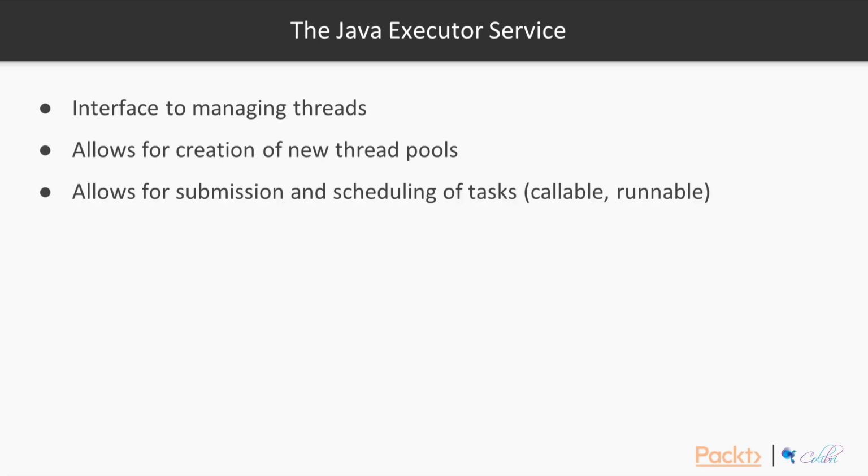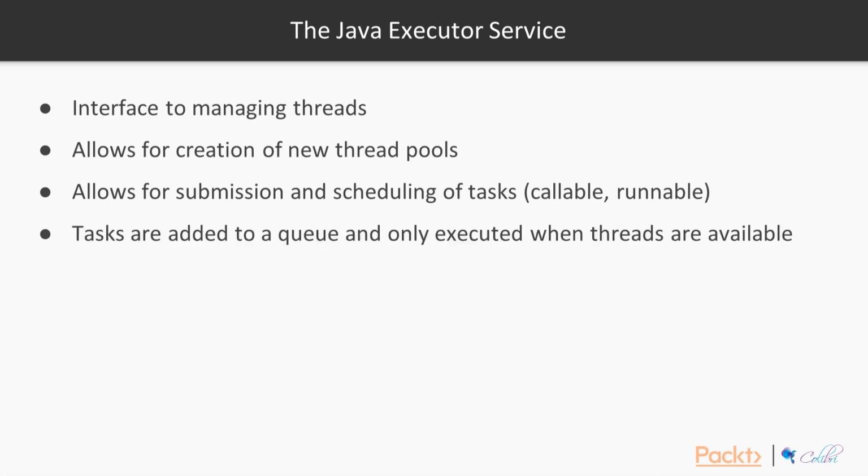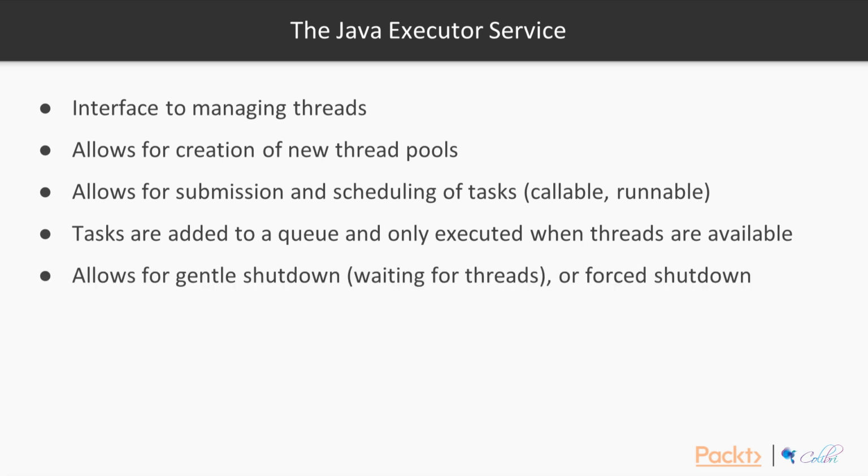Then, we are able to submit or schedule new tasks, which are added to an internal queue and only executed when the threads are available for this purpose. The API also allows for either a gentle shutdown, when the Executor service waits for all threads to complete and stops accepting new threads, or a forced shutdown, where it tries to kill the threads.